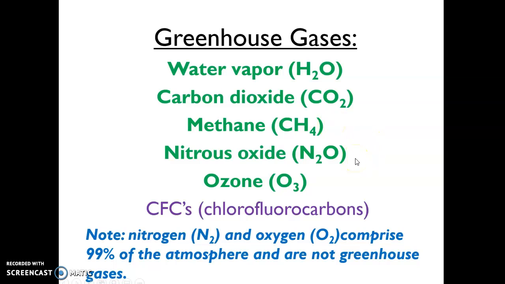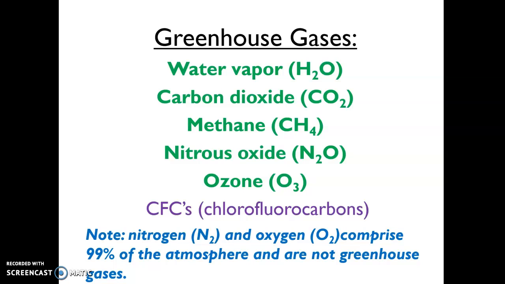Nitrous oxide, which in this case is 2 nitrogen atoms and 1 oxygen atom, is also a greenhouse gas, and again, it is produced as a result of air pollutants, typically from either farm fields or certain combustions. Last, we have ozone, which is O3, unlike oxygen, which is O2 that we breathe in.